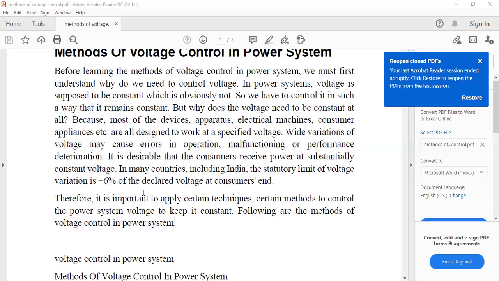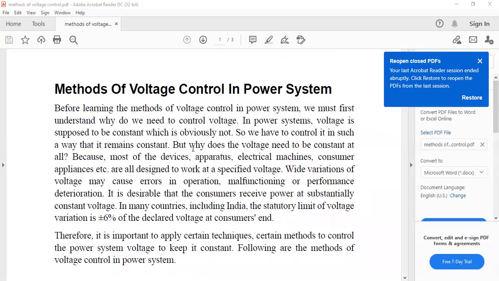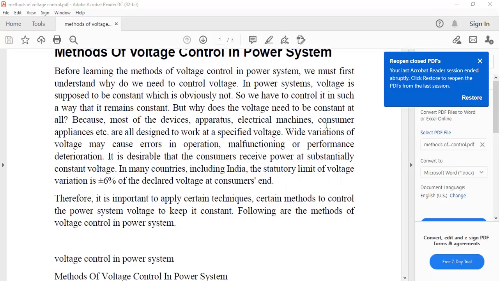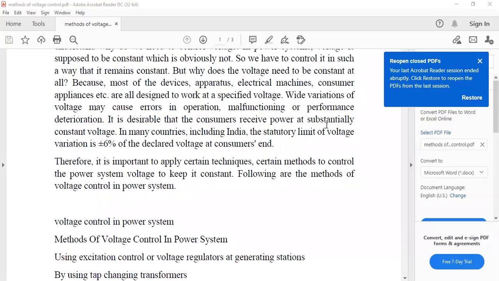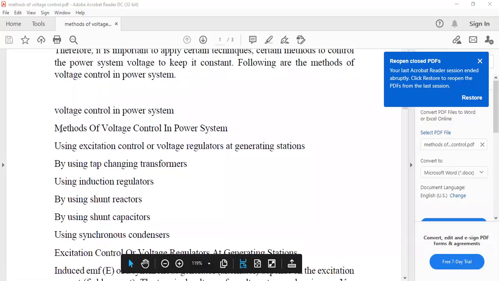For that, we need some devices based upon the requirement. To maintain the voltage constant, or within tolerable limits in the power system, there are certain devices. These are the methods of voltage control in a power system.